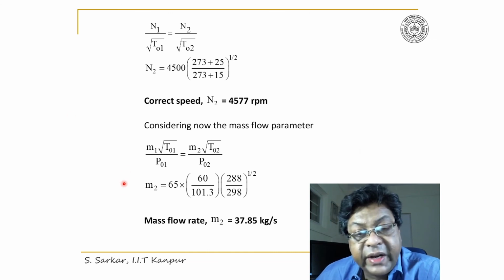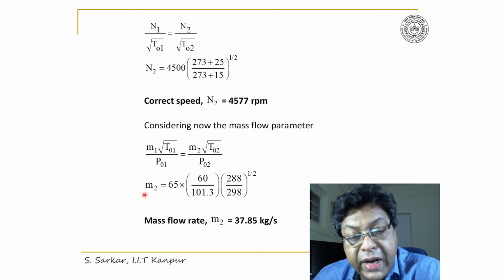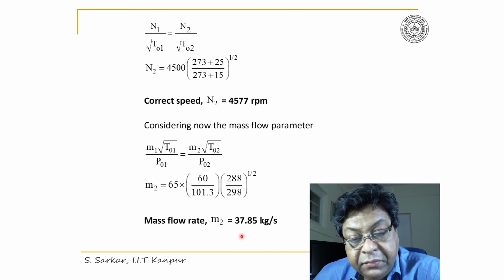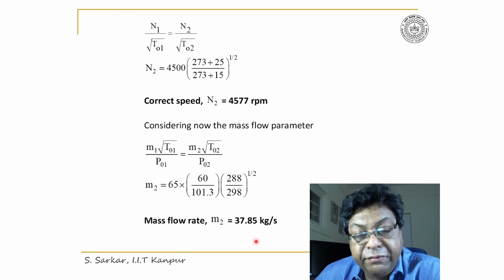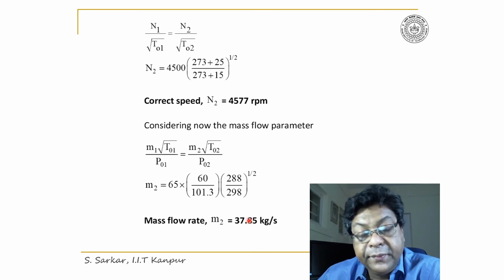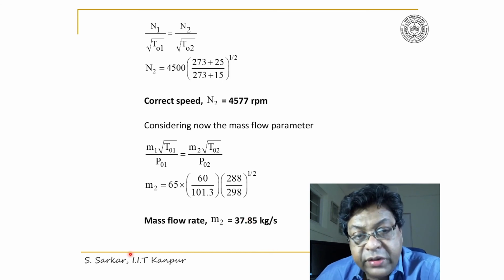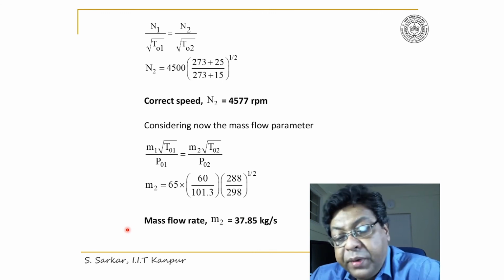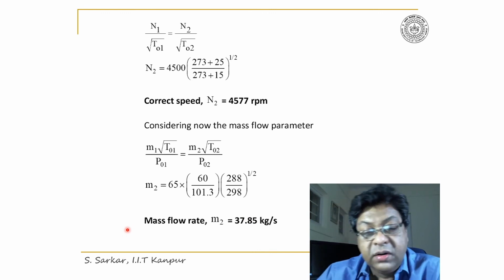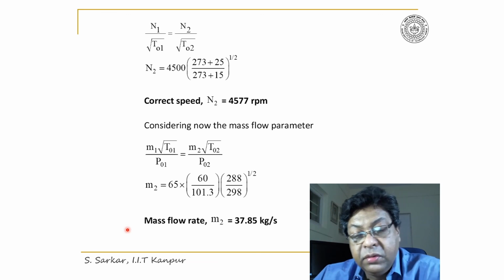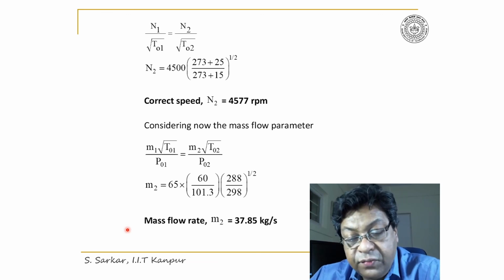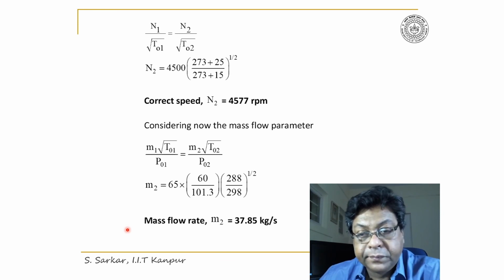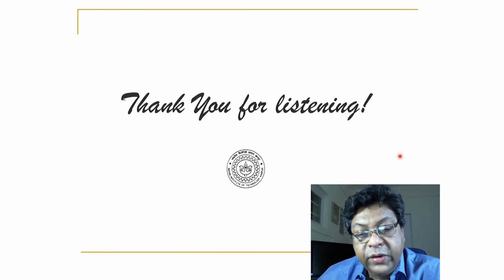So from here I can calculate m2, and I have evaluated m2 as 37.85 kg per second. So thus I have shown you an illustrative example for incompressible flow and one for turbomachinery handling compressible flow. Thank you for listening.